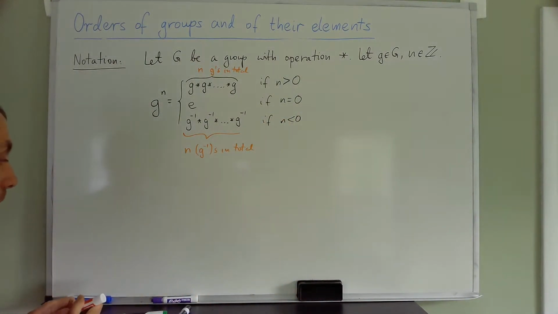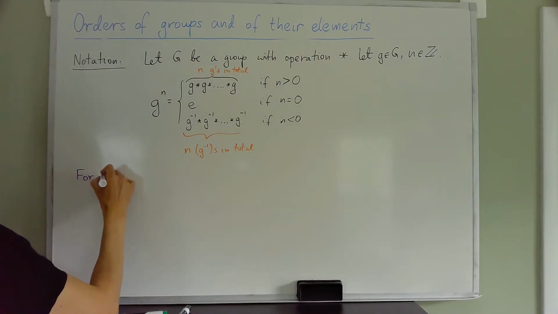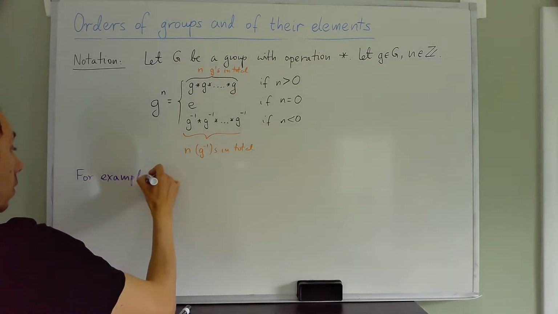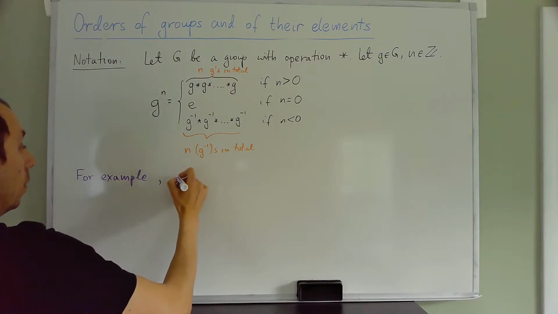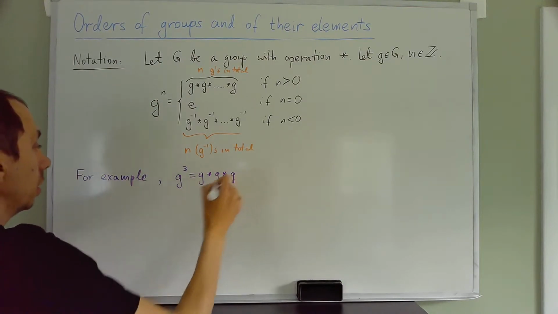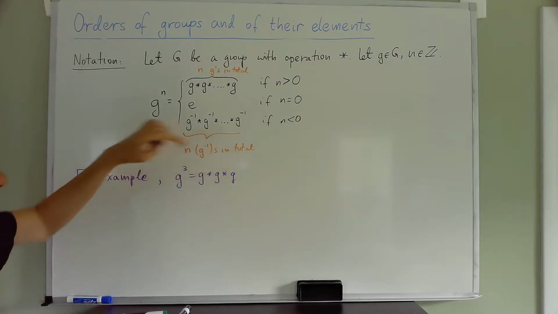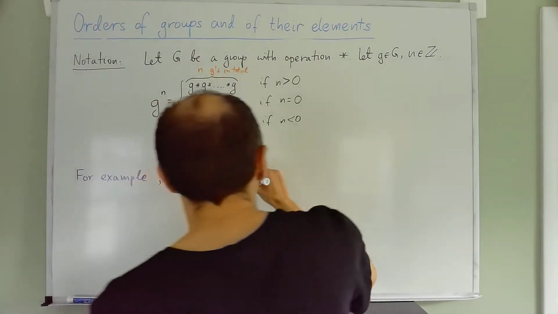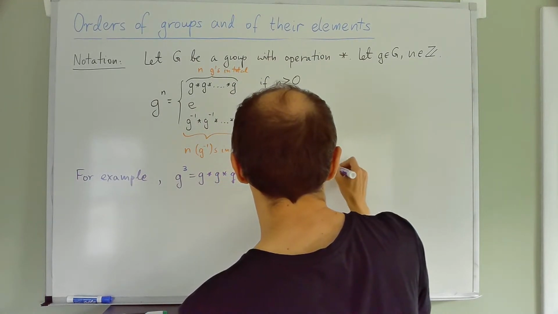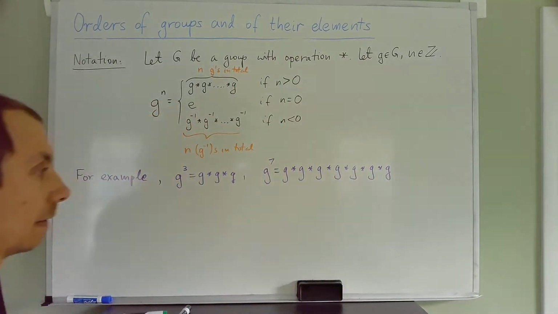Yeah, so for example, g cubed, that's just g star g star g. g cubed means I starred 3 of the g's together. g to the 7, that's g star g star g star g star g star g star g.